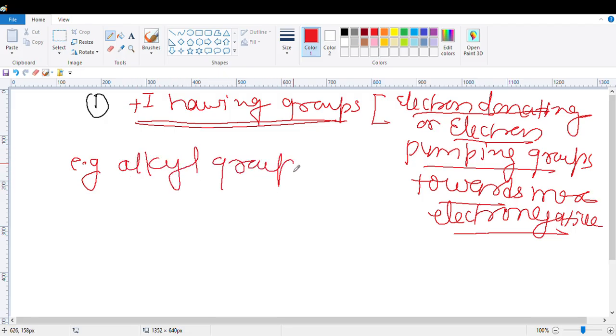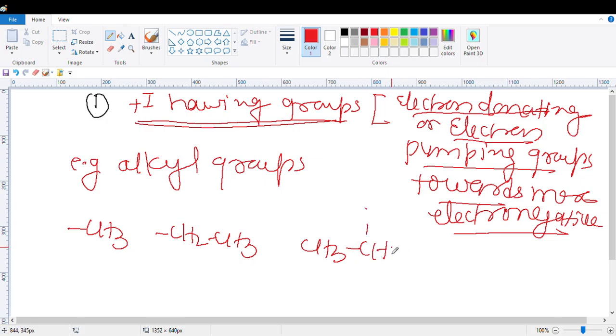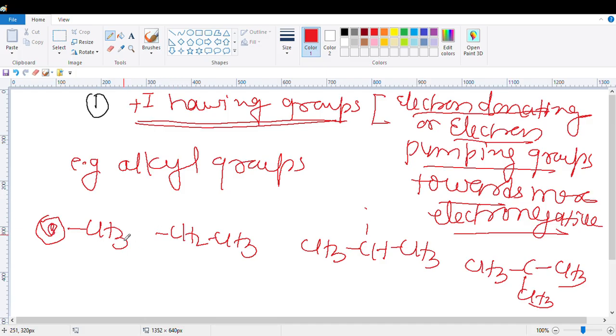So we have methyl group, ethyl group, isopropyl group, and tertiary butyl group. The free single bond is showing that it is bonded with any more electronegative atom, that is X, which will attract the electrons coming from the alkyl group.